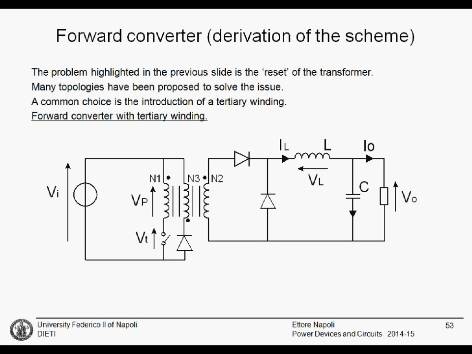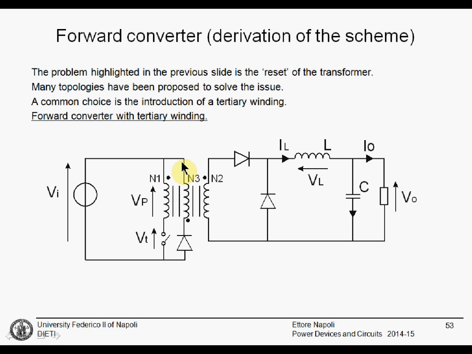This is a common choice that introduces a tertiary winding in the transformer, another winding, that is used to discharge the transformer during the off phase. Something similar we have studied for the flyback converter, when we studied how to recover the energy stored in the parasitic leakage inductance to the primary.